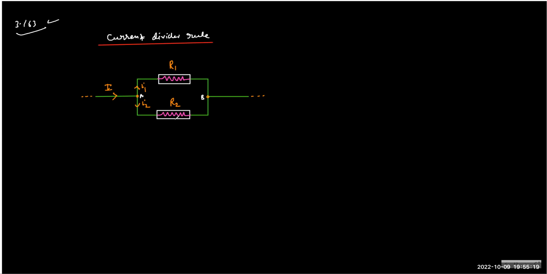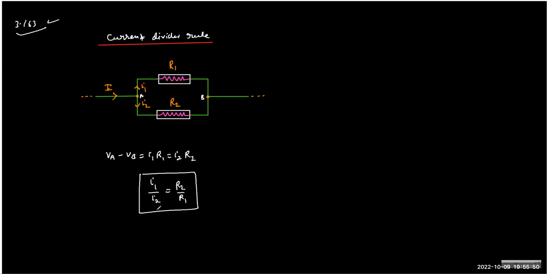From Ohm's law, the potential difference A minus B is I1 R1 from the upper branch, and from below it is I2 R2. So the ratio of current distribution follows the inverse ratio of resistance in parallel.